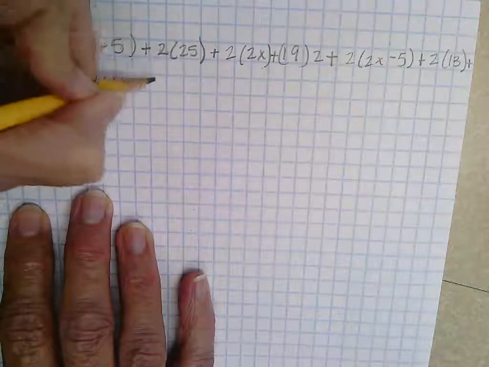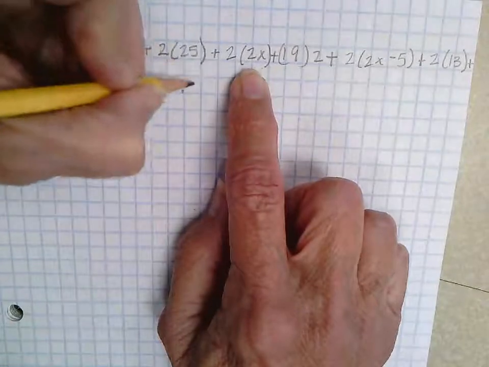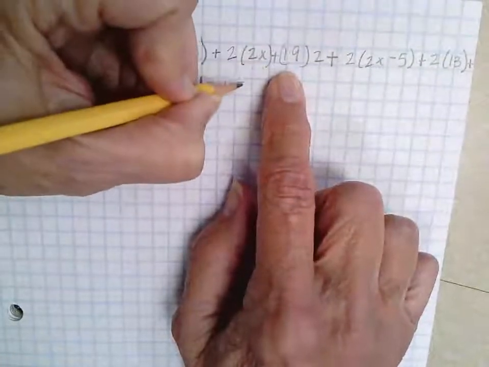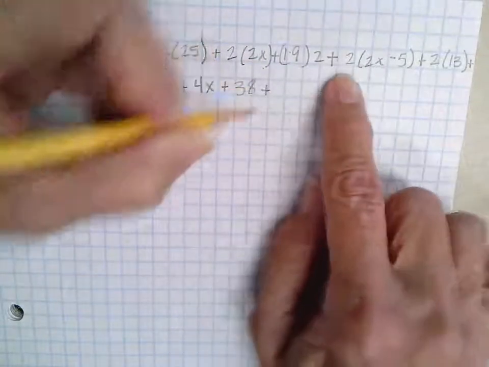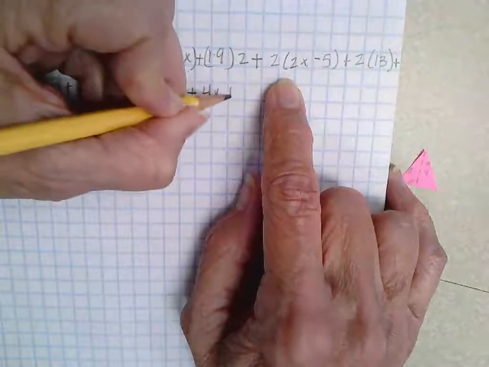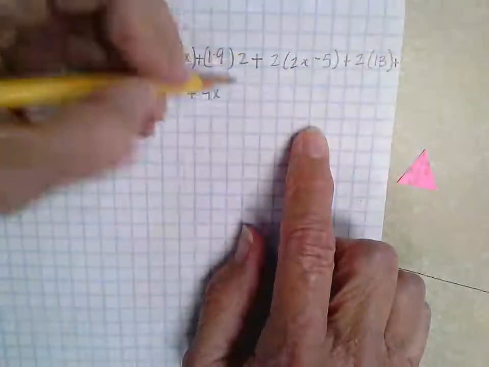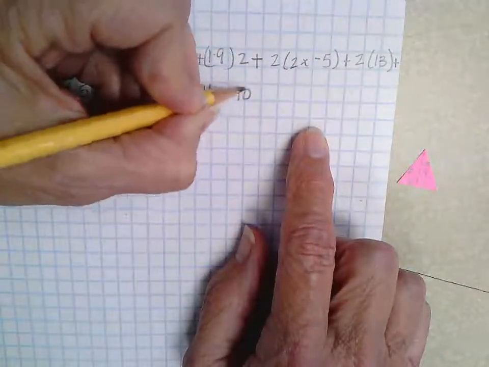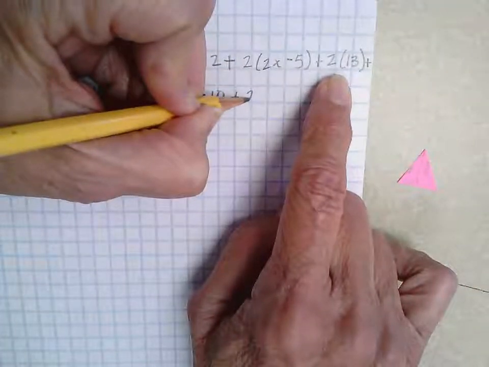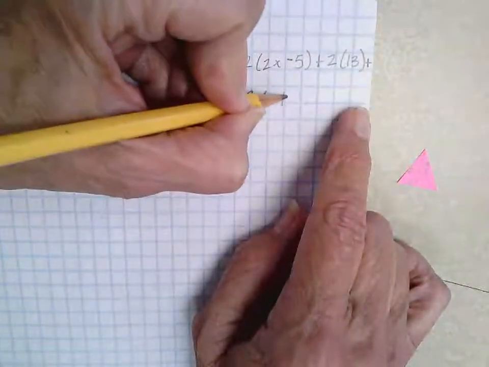Plus 2 times 25 is 50, plus 2 times 2x is 4x, plus 2 times 19 is 38, plus 2 times 2x is 4x, minus 2 times negative 5 is negative 10, plus 2 times 13 is 26, plus 3x.